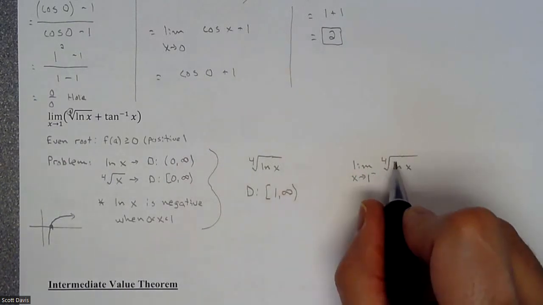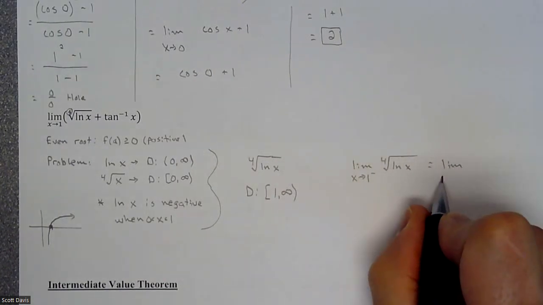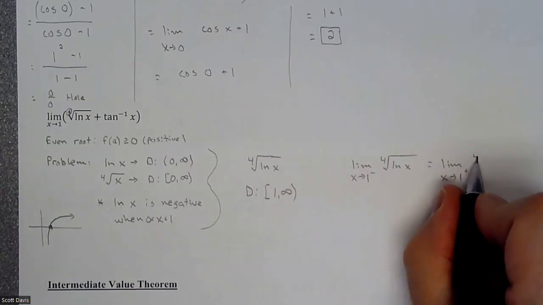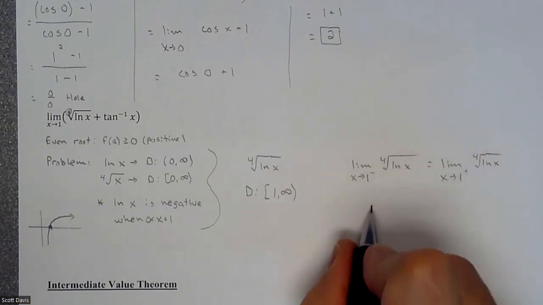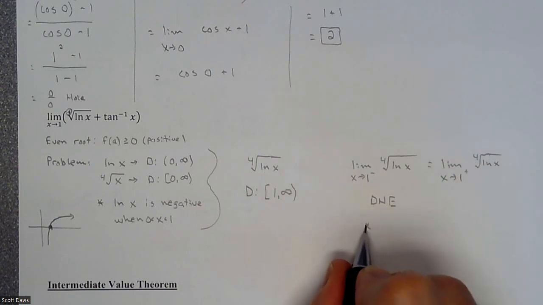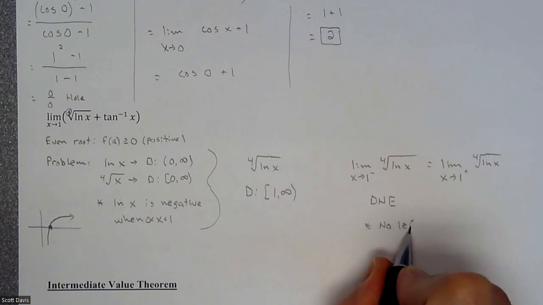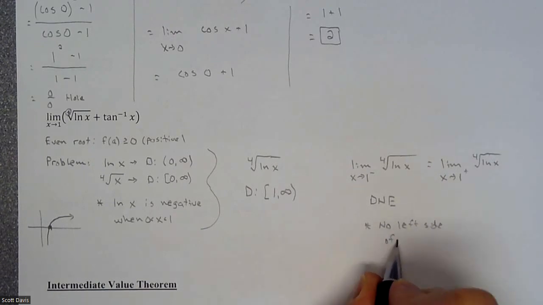So instantly we're trying to see if these two things are going to equal each other. But this piece right there does not exist. There is no left side of the graph.